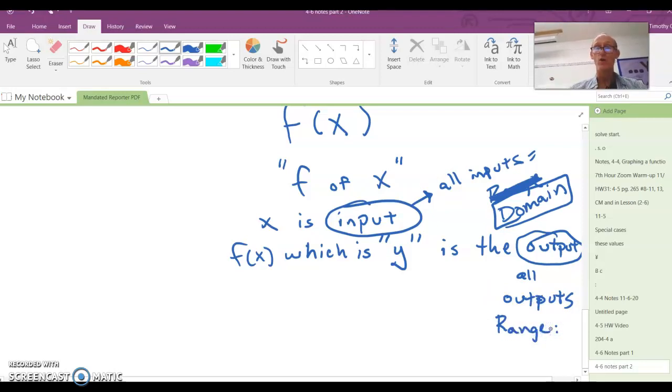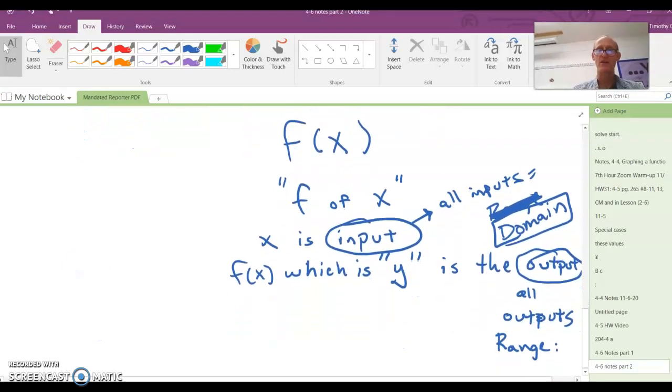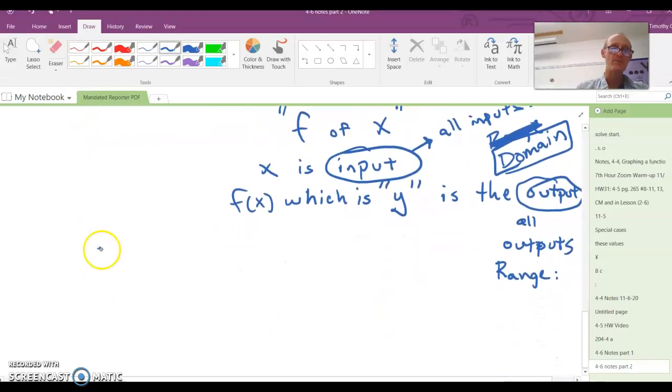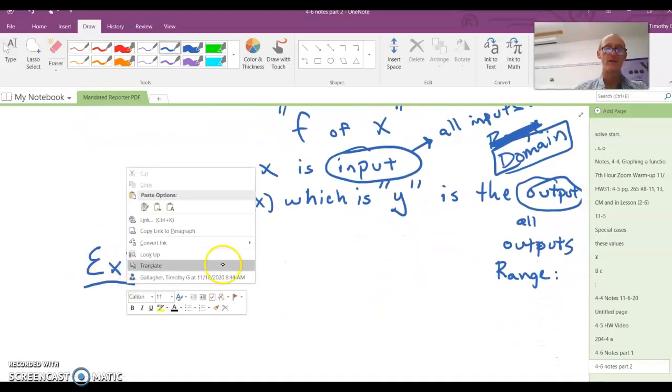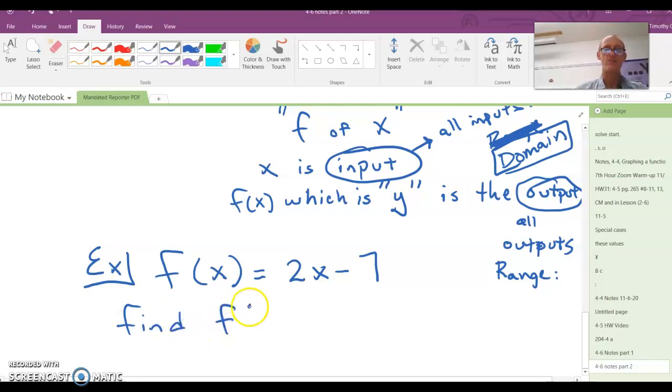Okay, so f of x is function notation. That's what it means. F of x means f of x. So for example, f of x equals 2x minus 7, and I want to find f of 3.